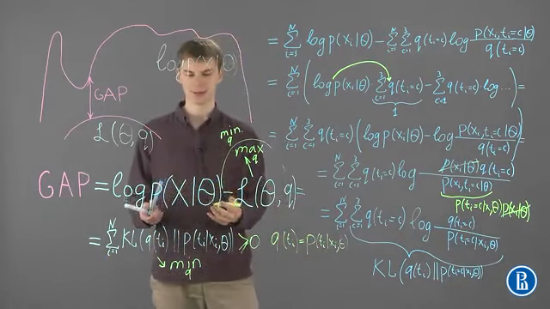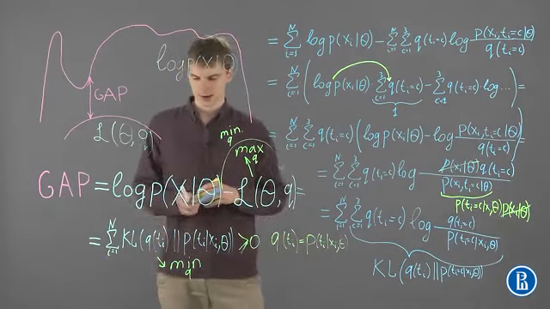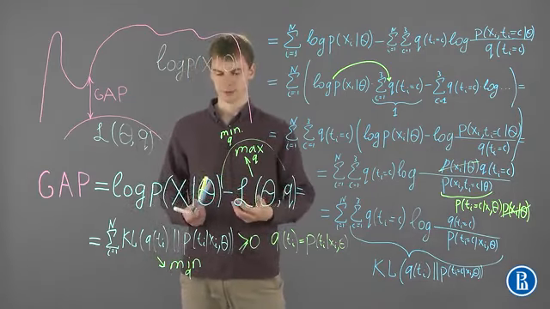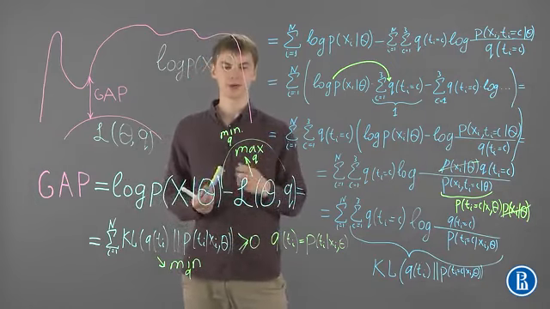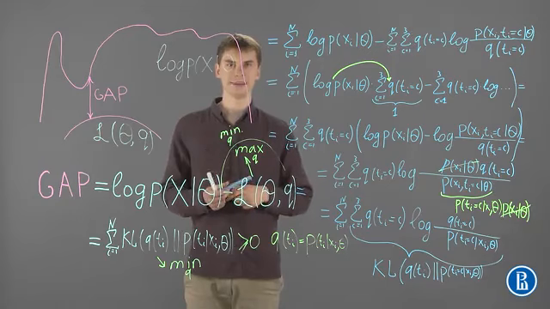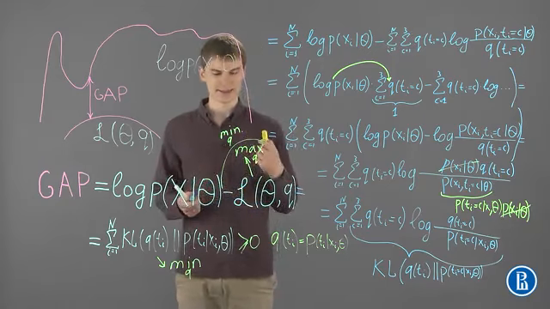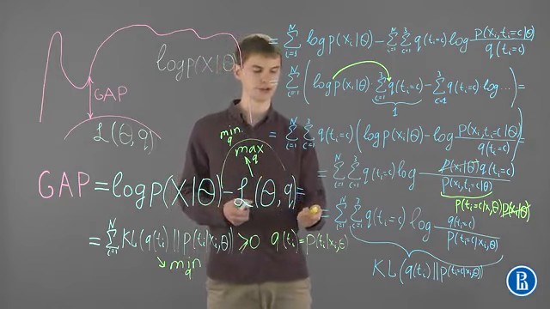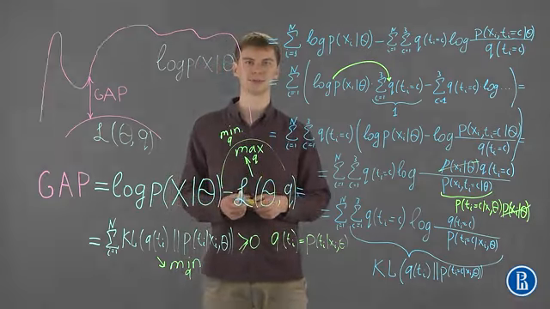This sum can never be lower than 0. So whenever we achieve 0, we found the global optimum, which means we maximize the lower bound to the global optimum as well. So to solve the problem on the E step, we just have to set the variational distribution Q to be the posterior distribution on the latent variable Ti given the data and the parameters.